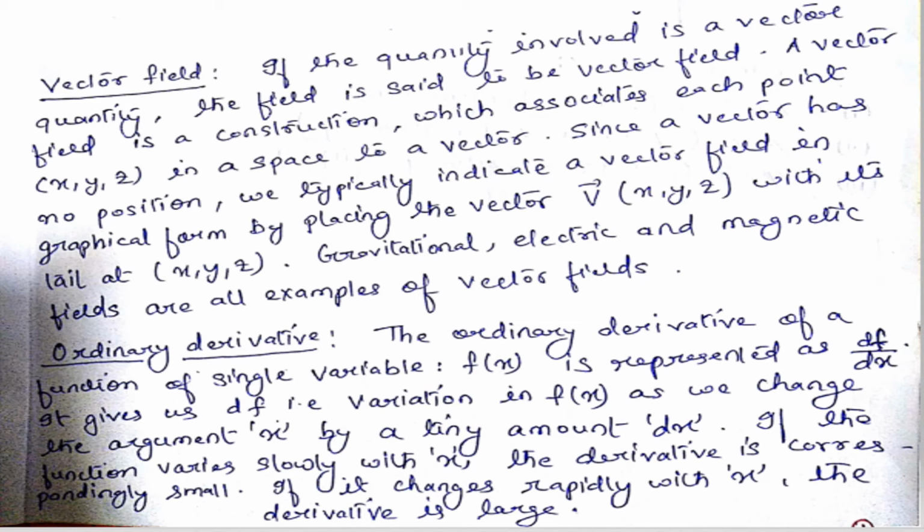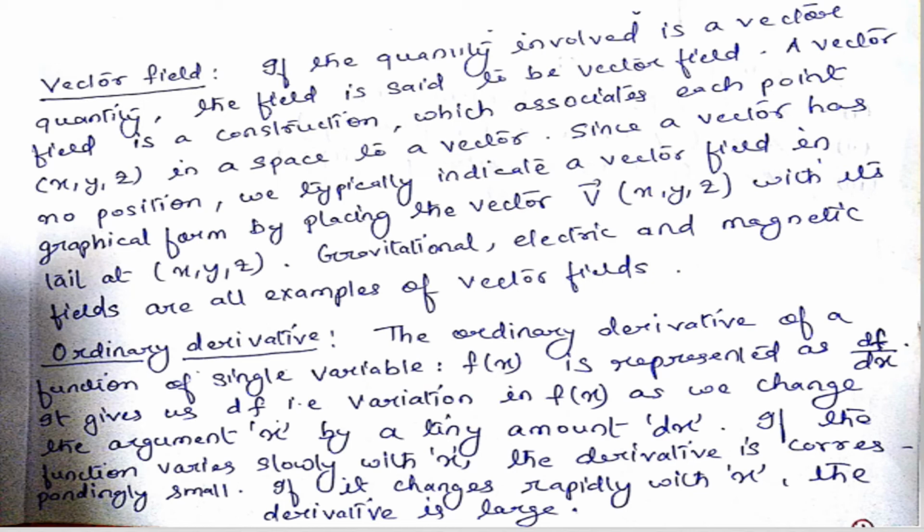Suppose f is a function of a scalar quantity t, then I will represent the derivative as df by dt instead of x. Here I have said that f of x is represented as df by dx, meaning f is a function of x. If I say f is a function of t, what will I write? I will write df upon dt.